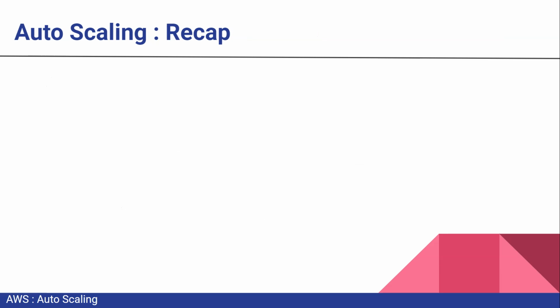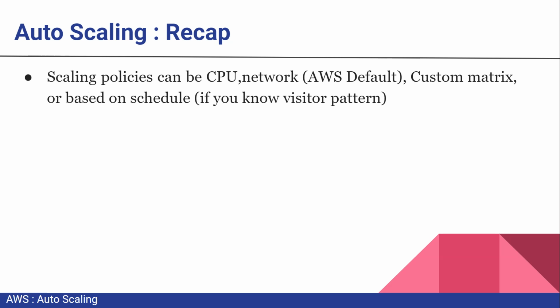Okay, so auto scaling group, let's try to understand. We have gone through the different parameters of auto scaling, but at a high level, what things do we have to make sure of while understanding the auto scaling group? So let's try a recap. The auto scaling policy can be based on CPU or network utilization, that's the AWS side. You can create custom metrics, or scale based on a schedule if you know the visitor pattern.